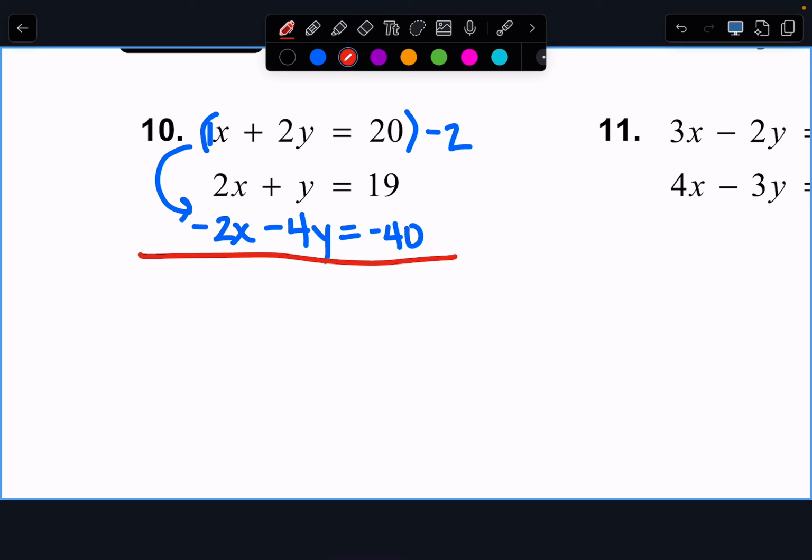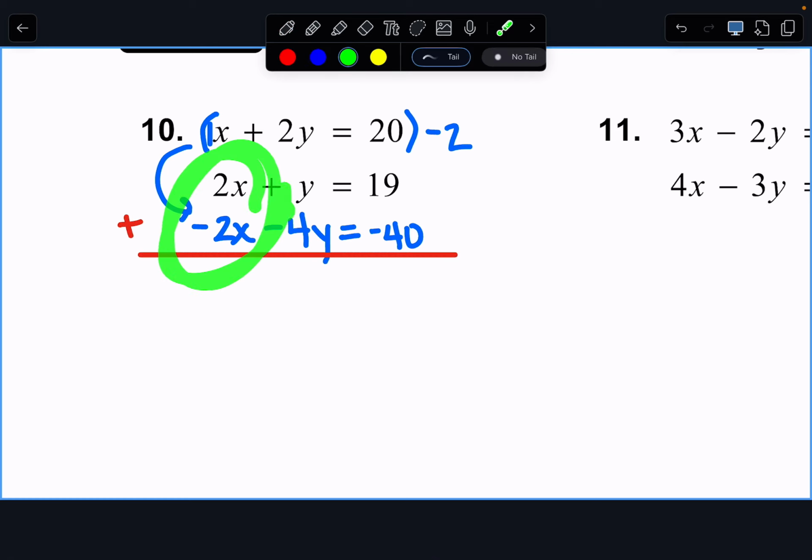So now, since our x's are now opposites, we can add the 2 equations together. So what happens when we add these? What happens to 2x plus negative 2x? We eliminate it, right? What about y plus negative 4y?